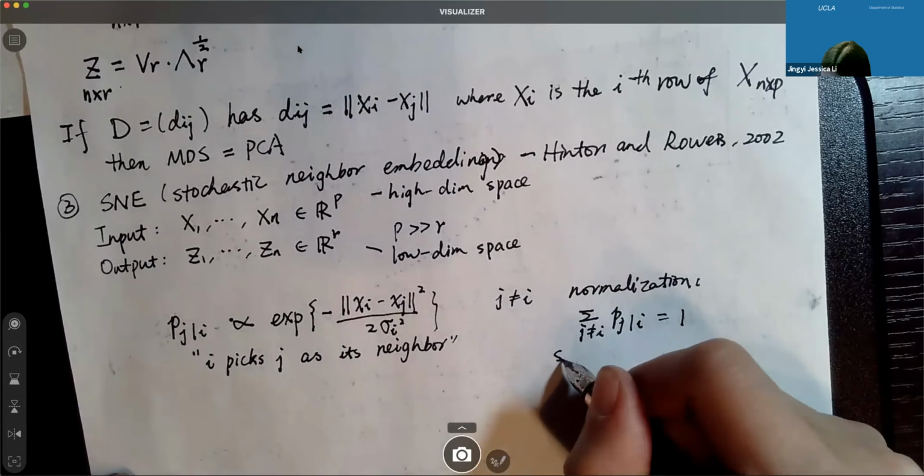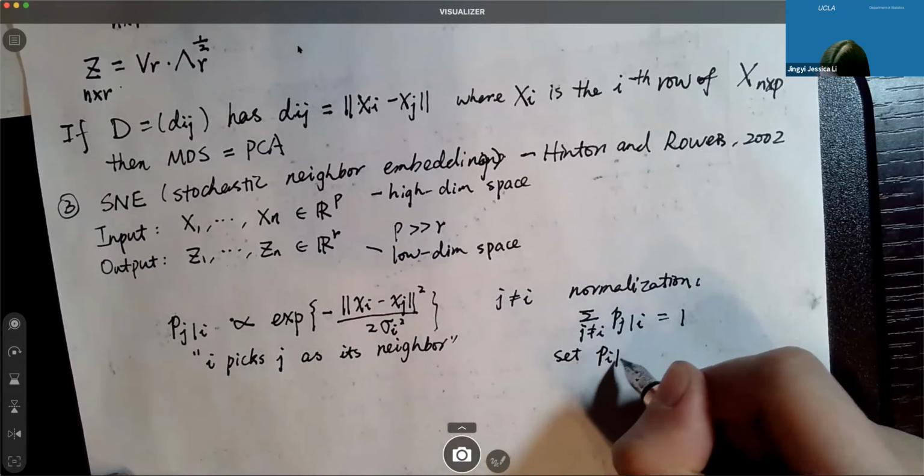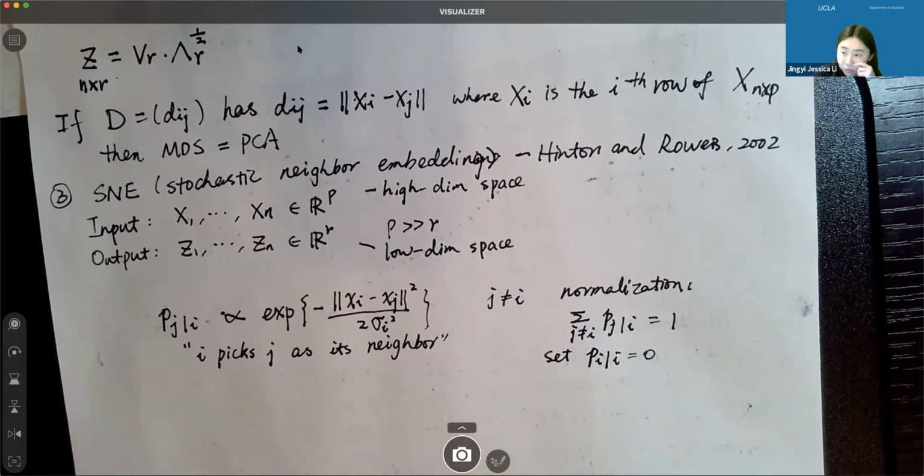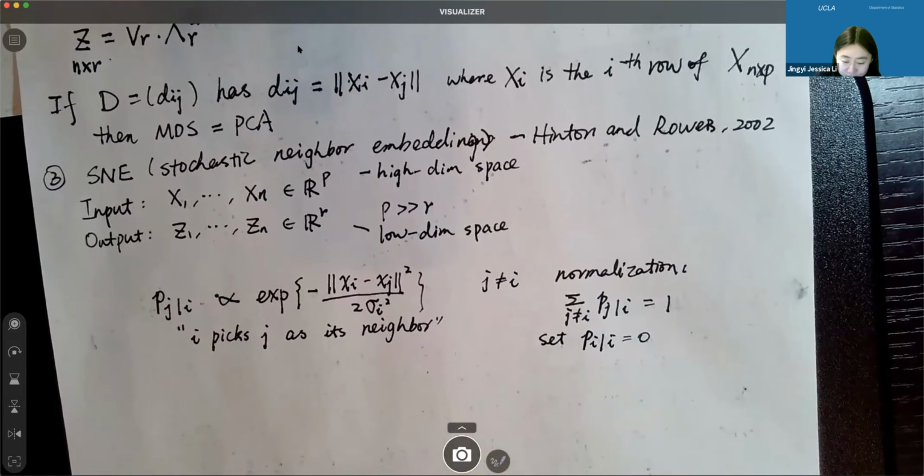So they want to force p_ii equals 0. So in this case, I will not pick itself as its neighbor.